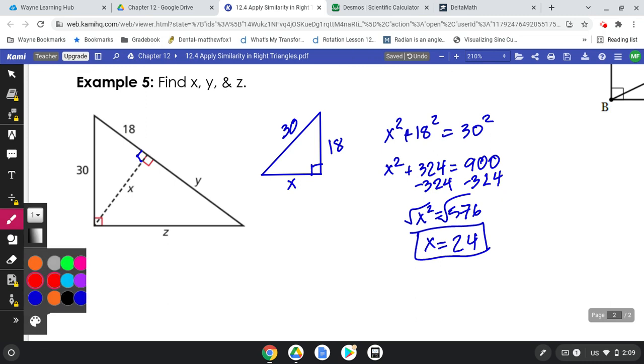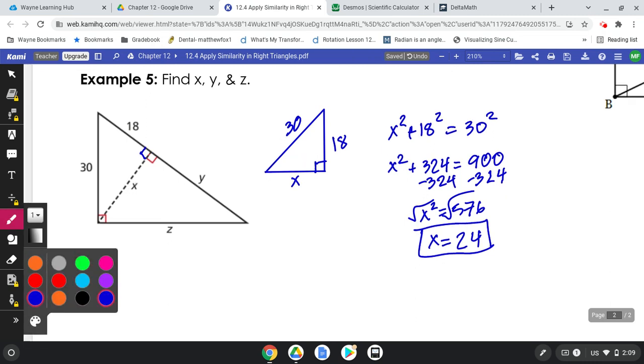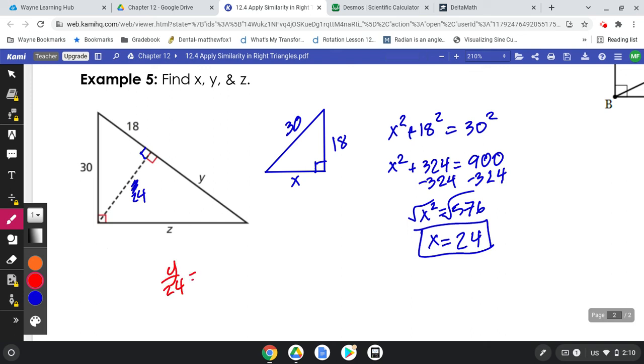Okay. Now for the red. For y. So, let me first fill that in. This is 24. Okay, to find y now. I could do y over 24. If I do that, I will set this equal to 24 over 18. You see how y over 24 is on the medium triangle.